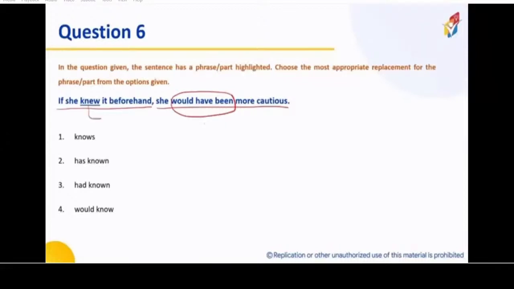So if she knew it beforehand should be if she had known. We use the past perfect here to talk about a past condition that was never fulfilled. So your answer is option 3. Only 3 conditionals are usually tested on the examination, so it shouldn't be a big deal for you. You can just look at the syntax of all the 3 and then get them right.